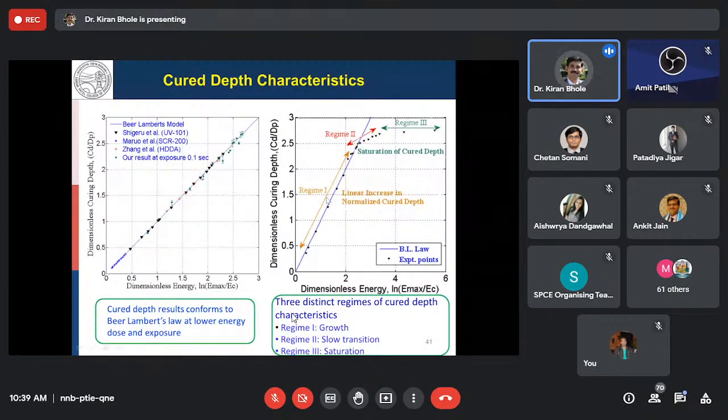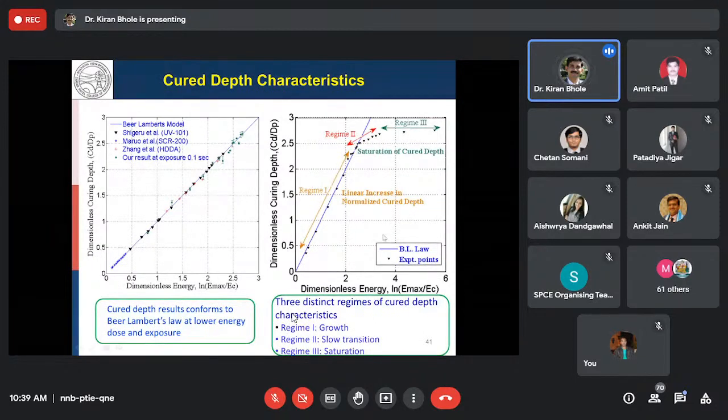So these are the three regimes: first the regime where the Beer-Lambert's law is applicable, then the transition from the Beer-Lambert's law, and then the saturation. These are the three distinct regimes obtained when we expose the photopolymer resin beyond a certain energy band.